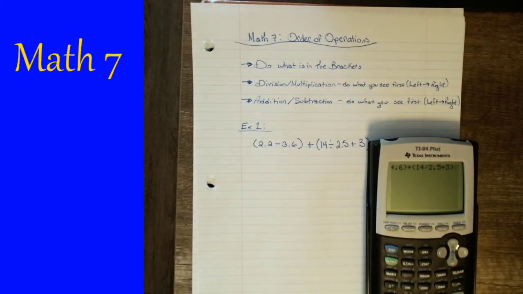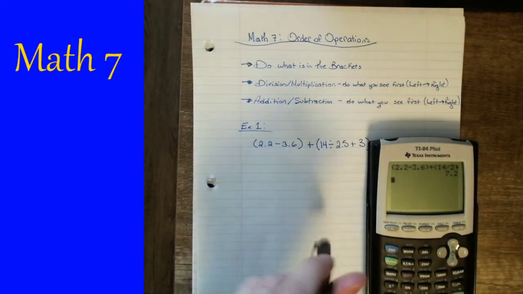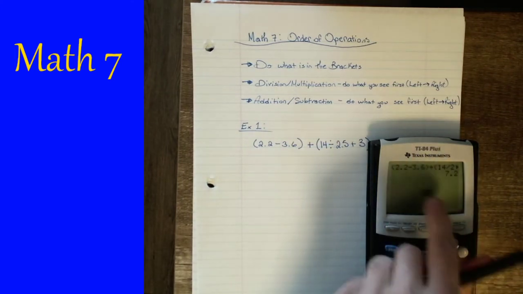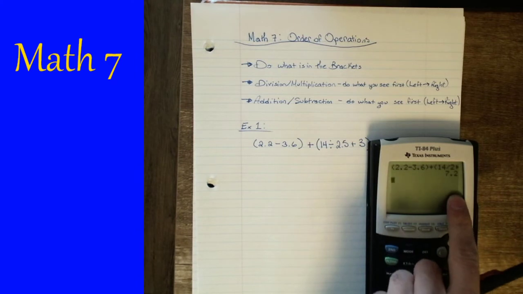And when we evaluate this, we get the right answer of 7.2. It doesn't take a lot of effort to enter in brackets and addition signs and numbers within a calculator correctly. So what we're going to be looking at for order of operations is what exactly did the calculator do here? How does it come up with the answer of 7.2?